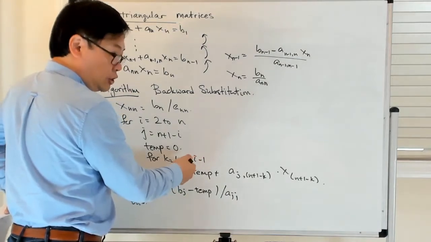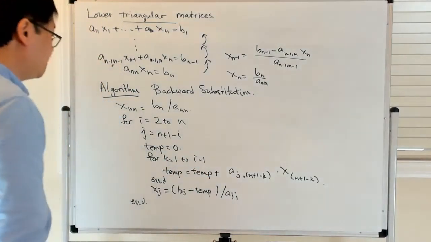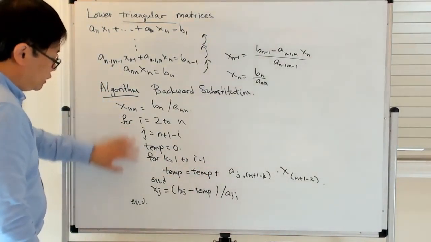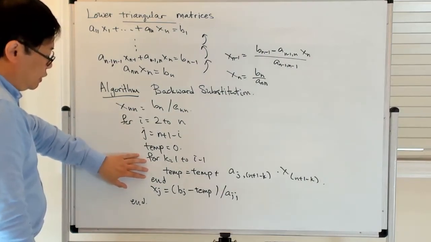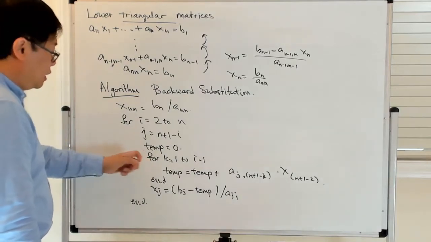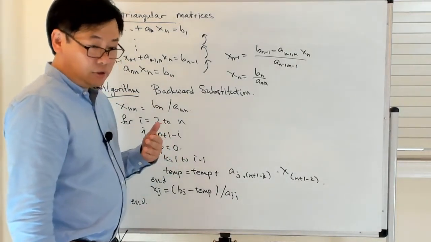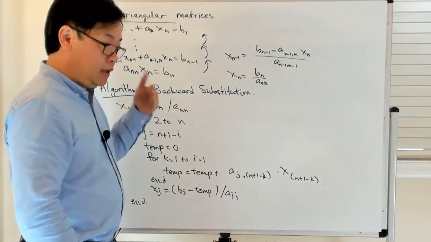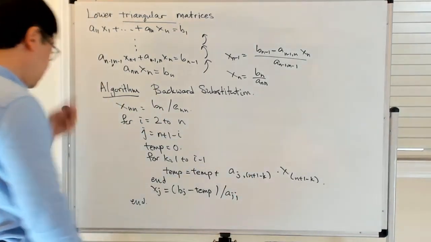You could switch the ordering of that k index. So there's a way to write it in a more readable fashion, by using the fact that MATLAB allows for loops from a larger number to a smaller number, for example.